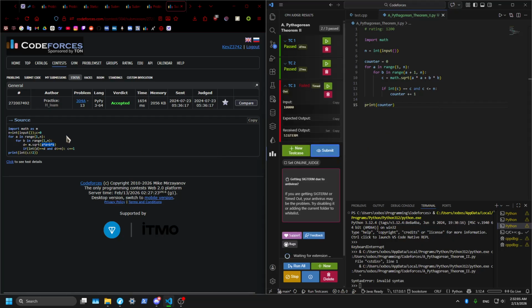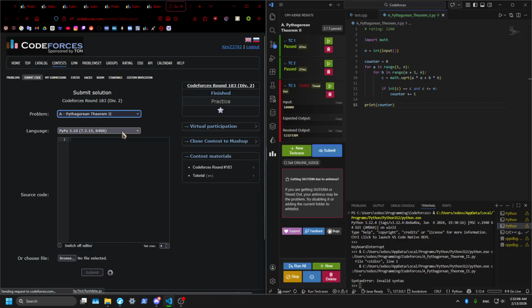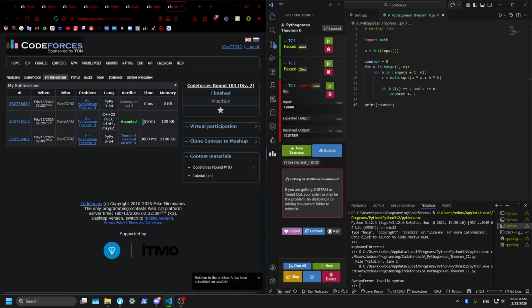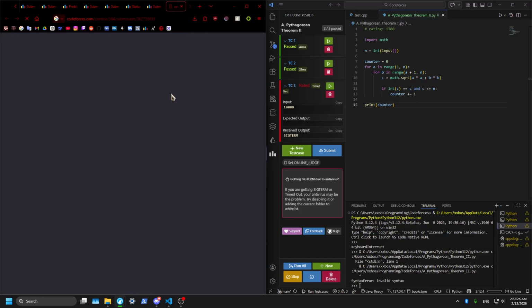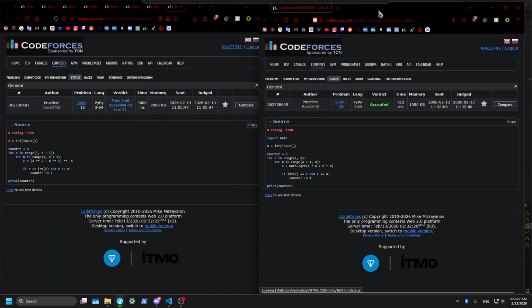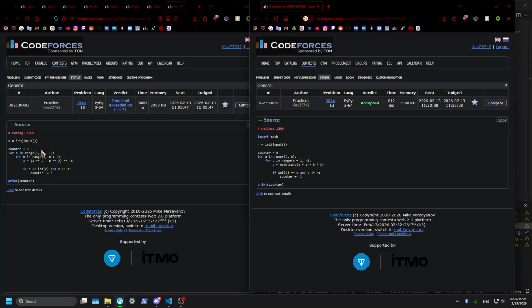Now, I want to try because my code is basically the same as his. Okay, well I got it. This part.